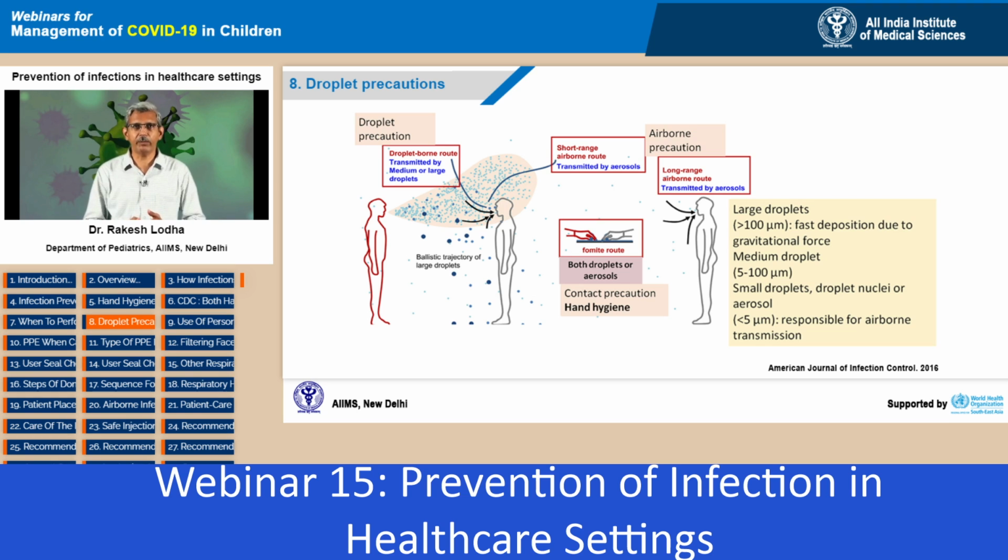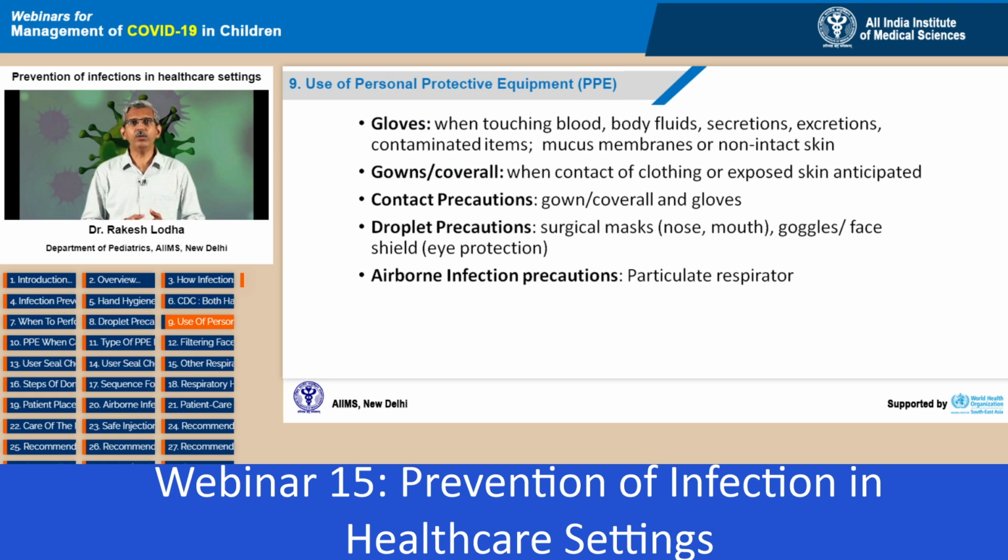Transmission through droplets can be prevented by taking droplet precautions, through airborne route by airborne precautions, and to prevent transmission by fomites one should take contact precautions and perform hand hygiene and avoid touching eye, nose, mouth and face. Now, moving on to the use of personal protective equipment.